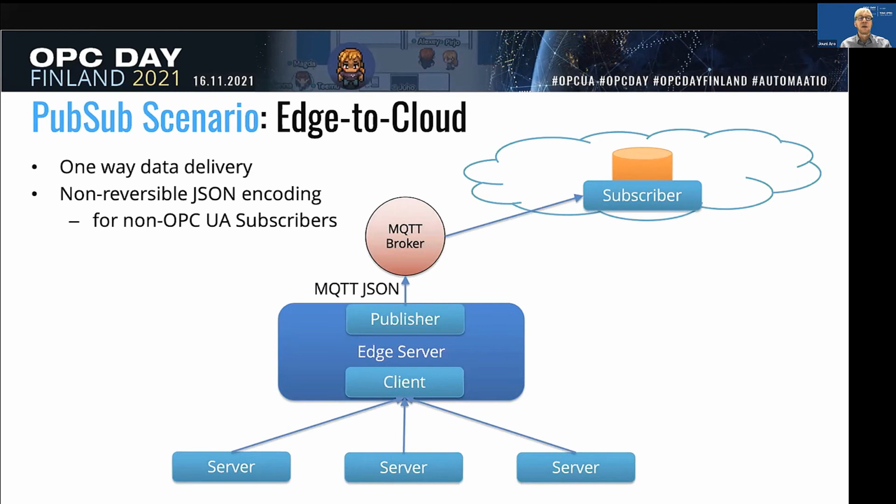Typically you can use the so-called non-reversible JSON encoding so that the subscriber in the cloud doesn't need to know anything about OPC UA in practice. And you can have a secure MQTT connection using SSL on top of MQTT, providing encryption and user authentication to the broker.